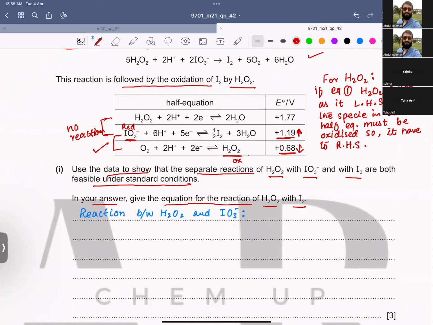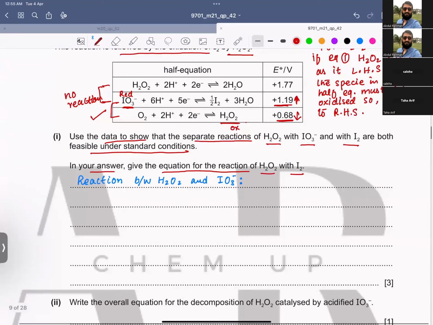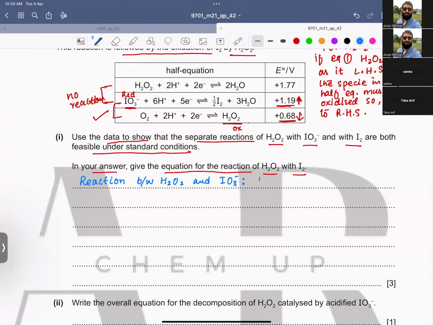So for a reaction between H2O2 and IO3 negative, if you see, E naught for O2 and H2O2 is positive 0.68, which means it would undergo oxidation, and E naught for IO3 negative and iodine is positive 1.19, which is a greater value, which means it would undergo reduction.